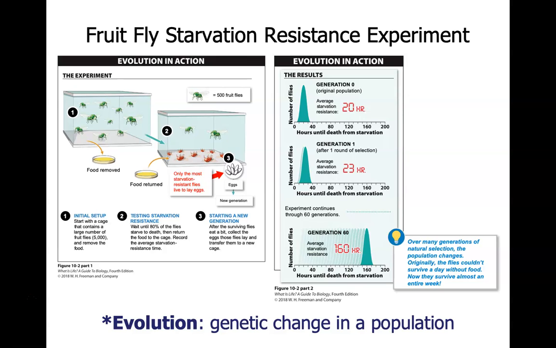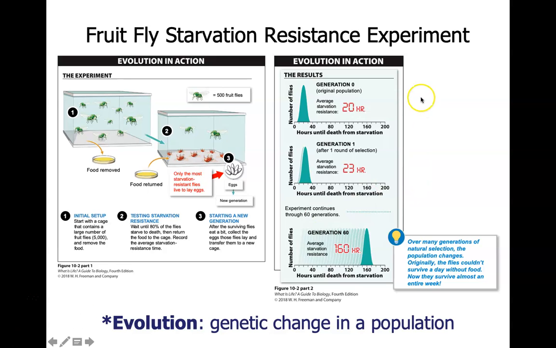So they fed the survivors and let them breed. With the next generation of flies, they did the same thing. They let them grow to maturity and then took their food away. They waited until about 80% of the flies had died, took them out, bred them, and repeated this process 5 times.